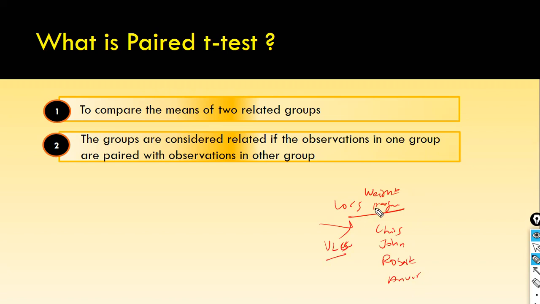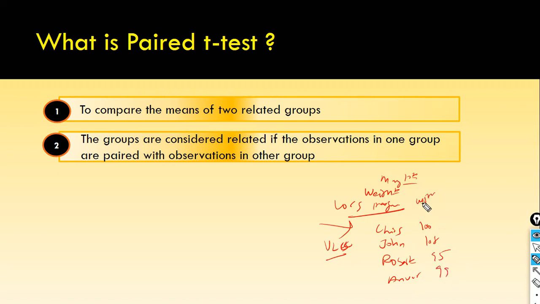You registered for the weight loss program, let's say on May 1st, and they measured your weight on the very first day you enrolled. Chris's weight was 100 kgs, this guy is 108, this guy is 95, and Anwar is 99 kgs. Just think that way.